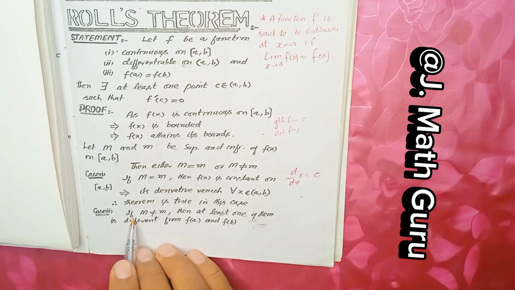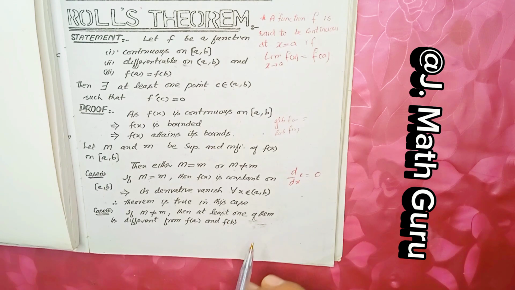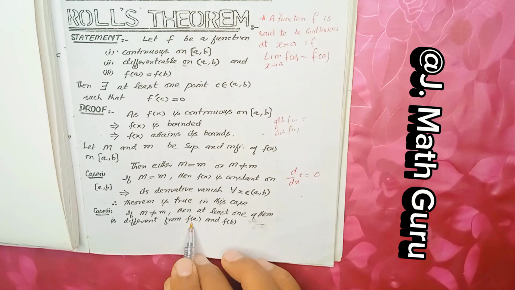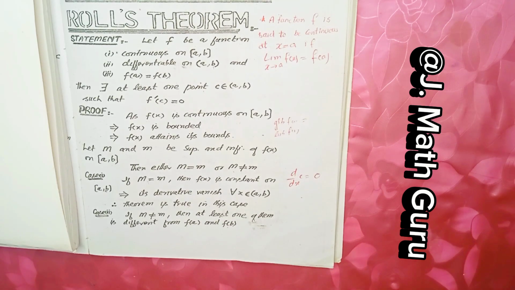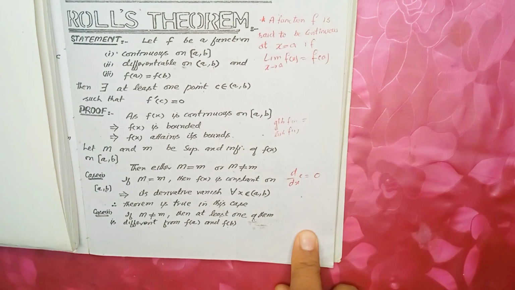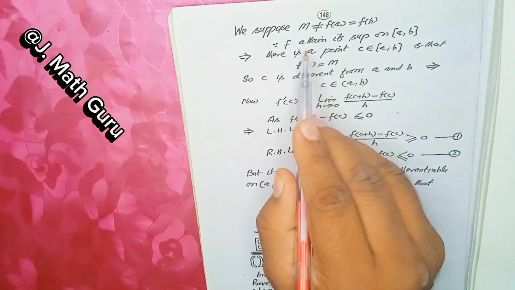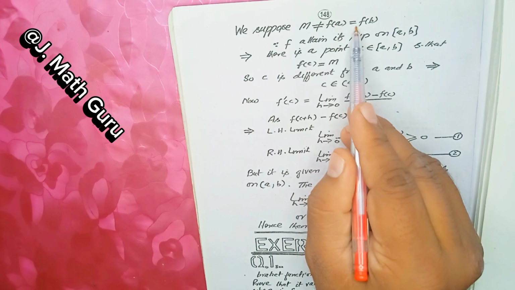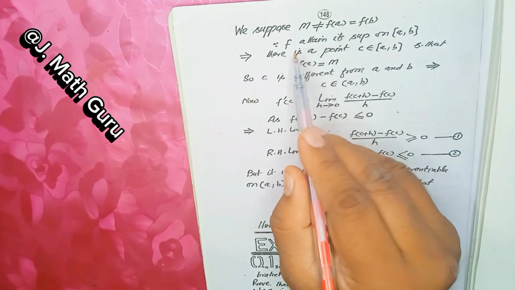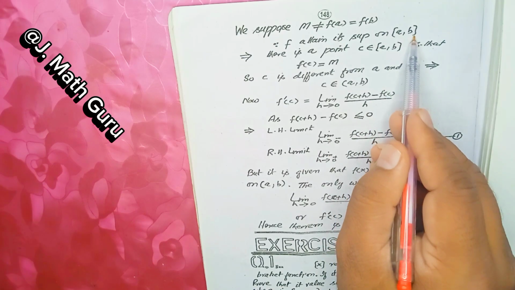As we say, if the supremum and infimum are not equal, then there is at least one point in this interval where f(a) and f(b) are different. Now we suppose that the supremum of the function f is not equal to f(a) but equal to f(b). f attains its supremum on the interval [a, b].